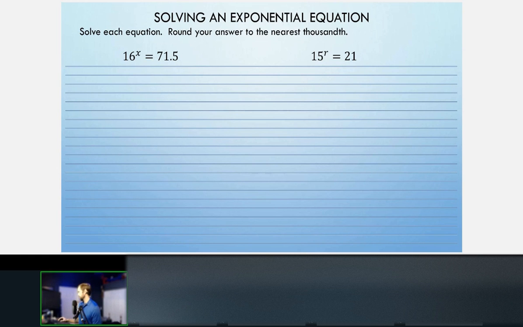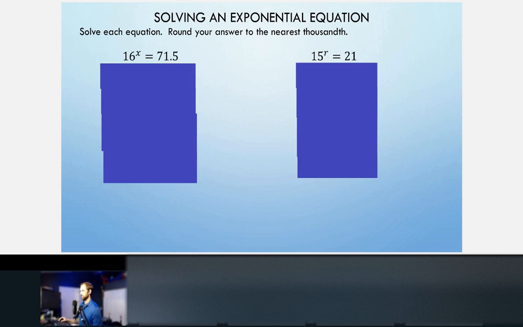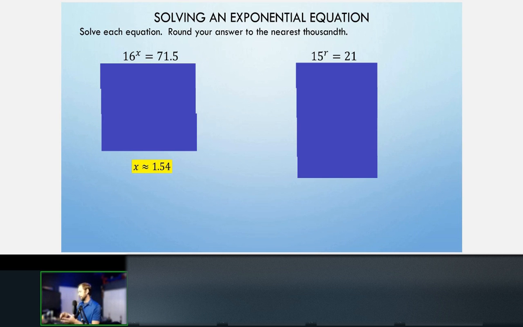All right, what did everyone get for the first one? 1.54. Very good. And if you put 1.540, it's not wrong. But remember, whenever you have a decimal and the last digit is a zero, you don't have to put it.